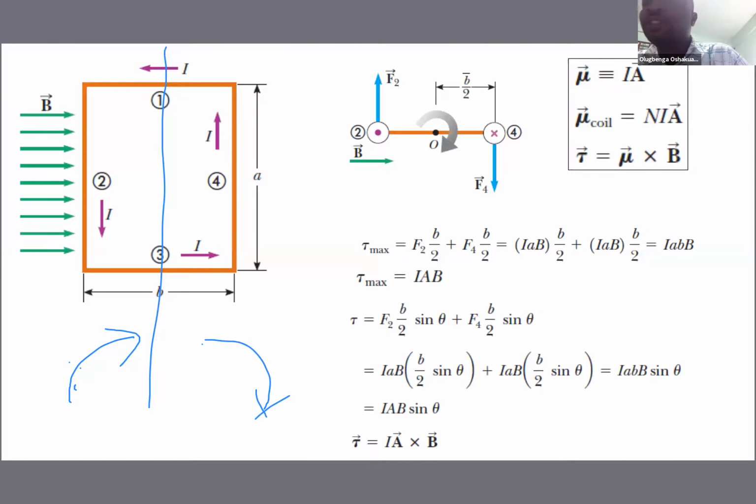And that is what we need. If we call the width of this rectangular coil loop B, then the distance from this point to the center here will be B over 2.